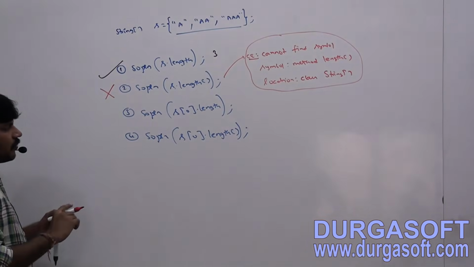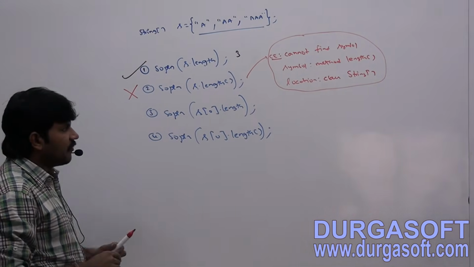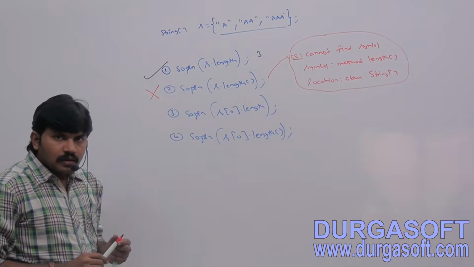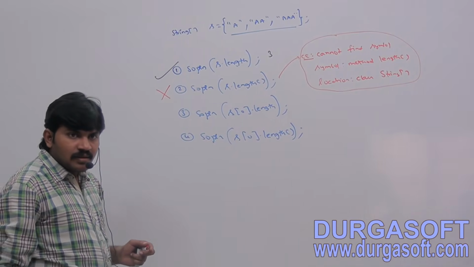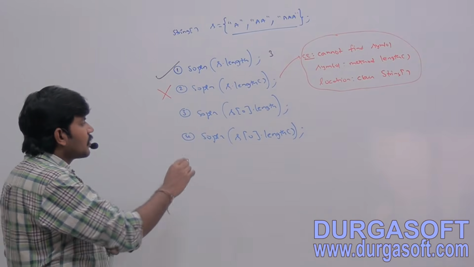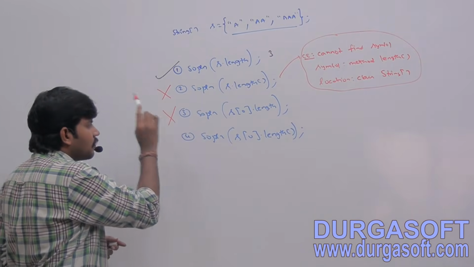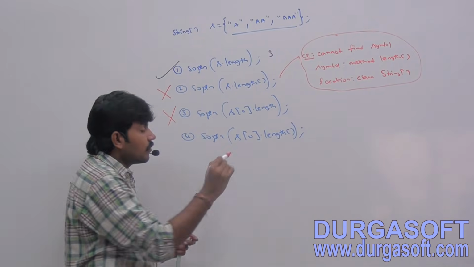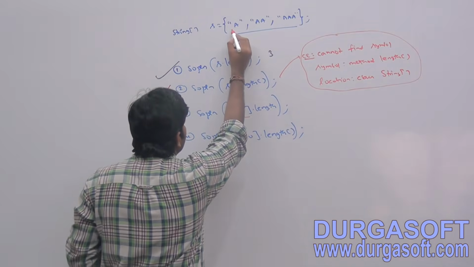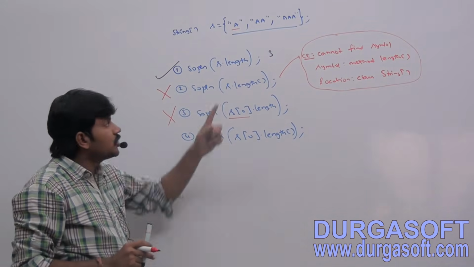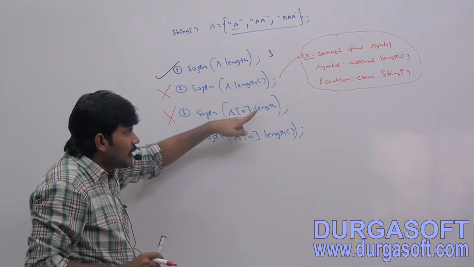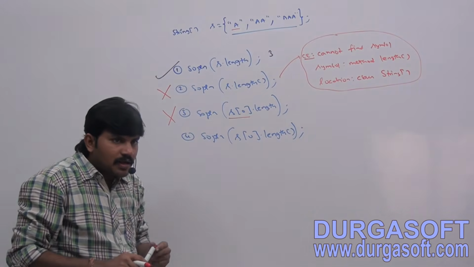Now, s of 0 dot length: valid or invalid? We get a compile time error. S of 0 is the first element in that string array, a string. For a string, is the length variable applicable?